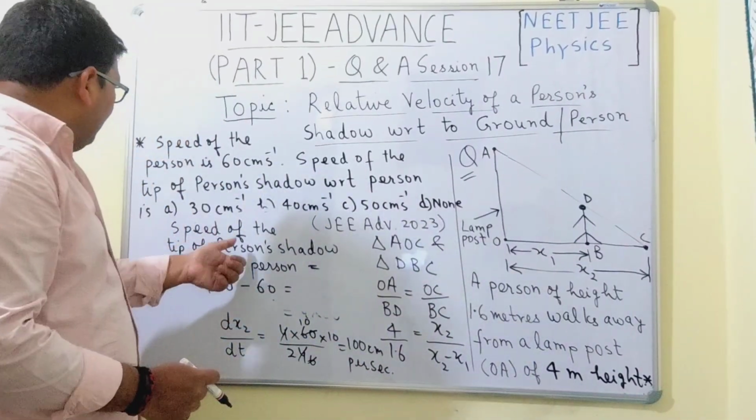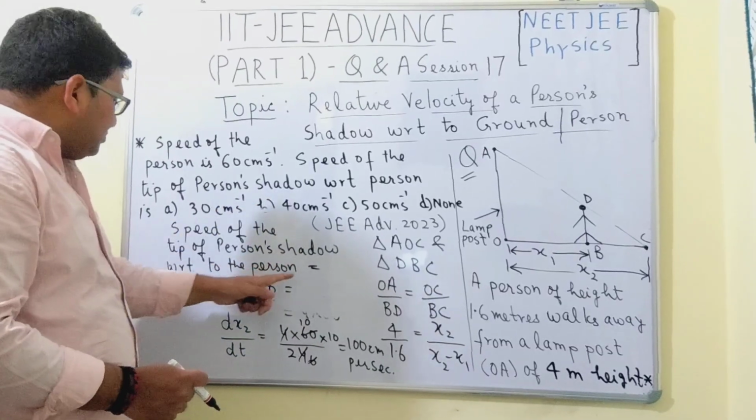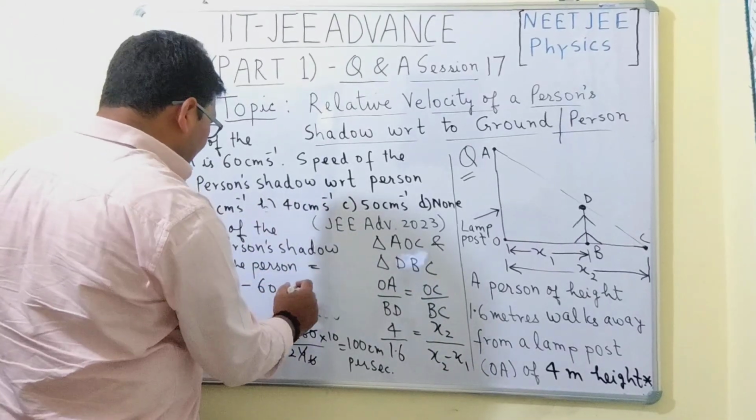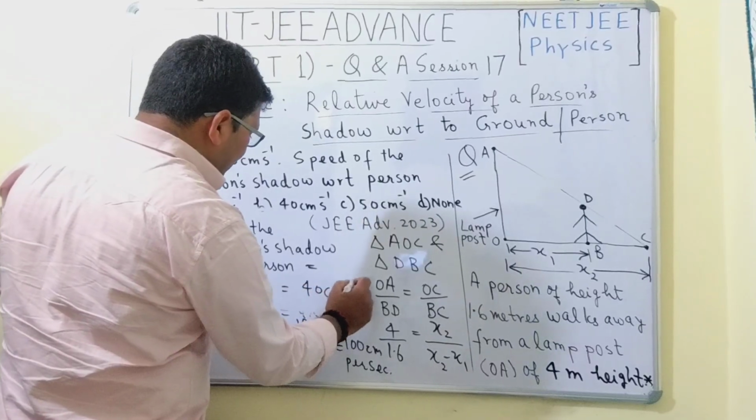So the speed of the tip of the person's shadow with respect to the person itself will be equal to 100 minus 60, which is equal to 40 centimeter per second.